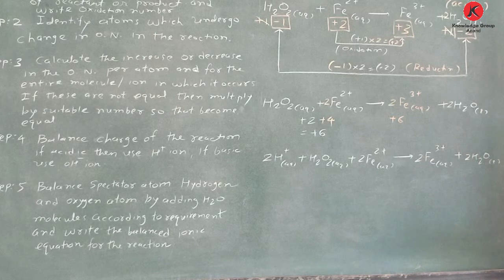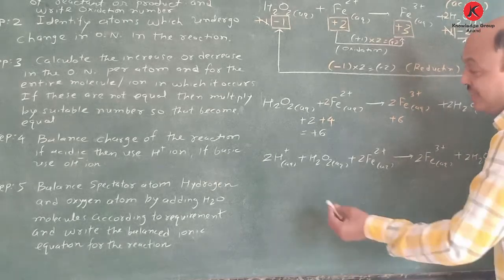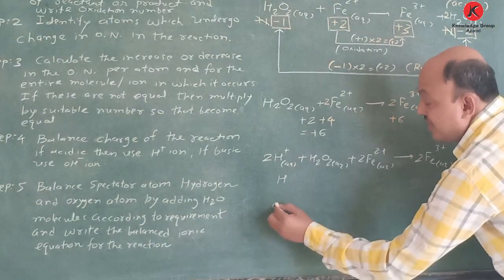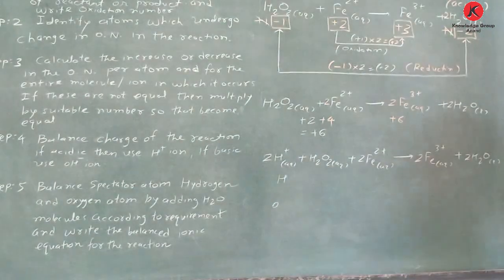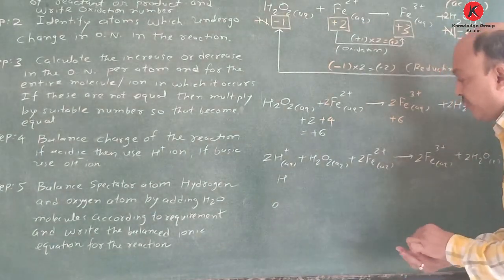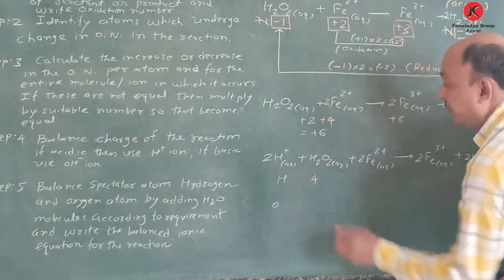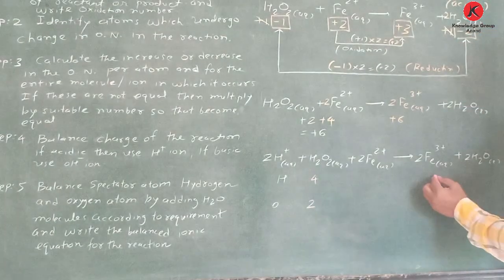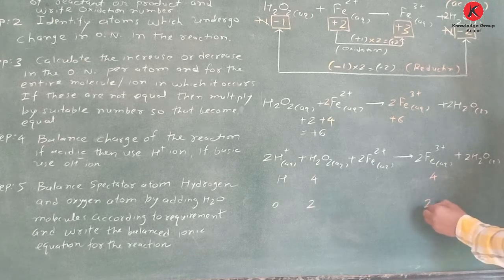Okay, now we have to balance only the spectator atom, hydrogen, because oxygen is already balanced. Just you see, hydrogen and oxygen are there. How many hydrogen and how many oxygen are there? Calculate. Hydrogen 4, oxygen 2. In the same way, hydrogen 4, oxygen 2.